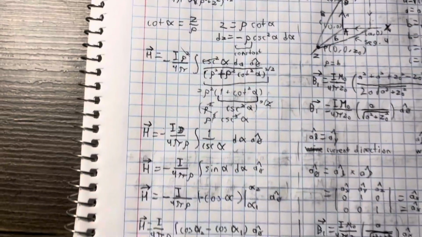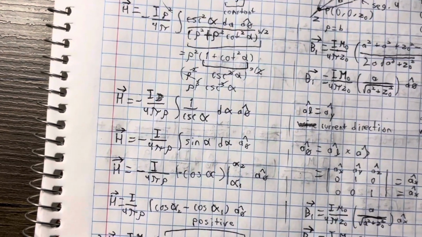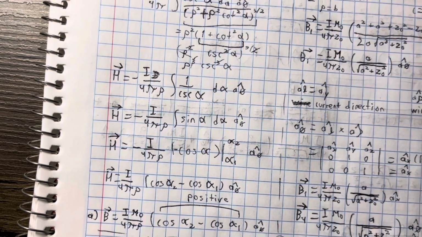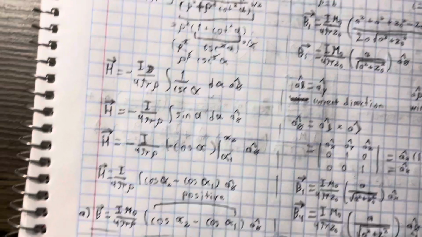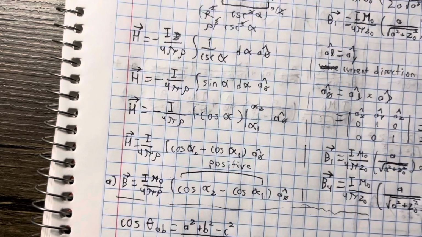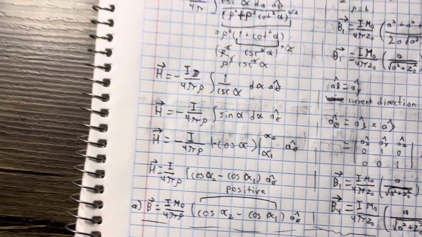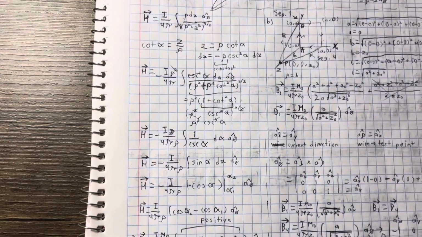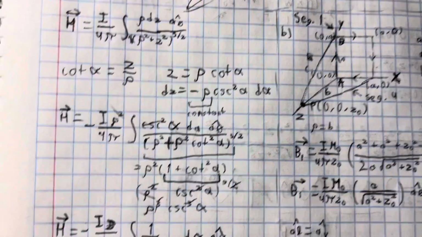Using tables, we get that this gives us the sine of alpha, and when we perform the integral for sine of alpha, we get minus cosine of alpha. And that minus cancels out the other minus that we got at first, the constant that we got from the derivative of z.